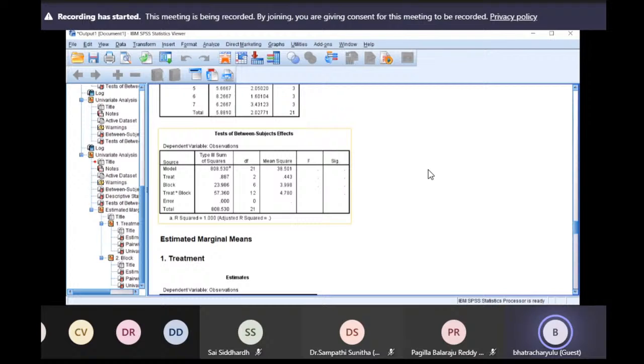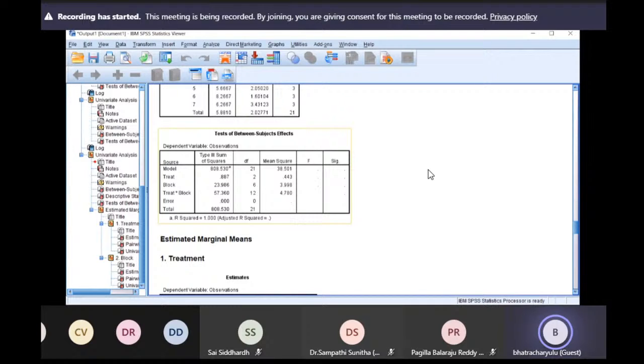There is no difference in the means, or no difference in the blocks. Because the value is 0.44 and the error value is almost 0, therefore it is indicating insignificant. The R square value, the coefficient of determination, and adjusted R square are showing 1, indicating that the model is perfectly fitted. That's what it is showing.